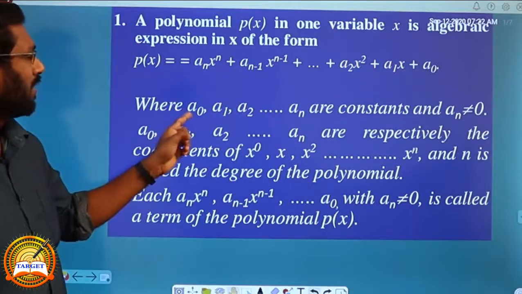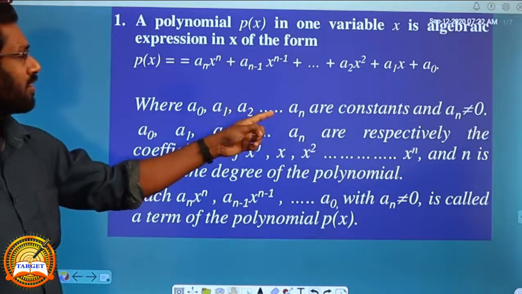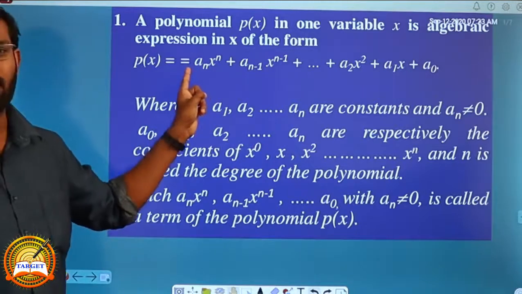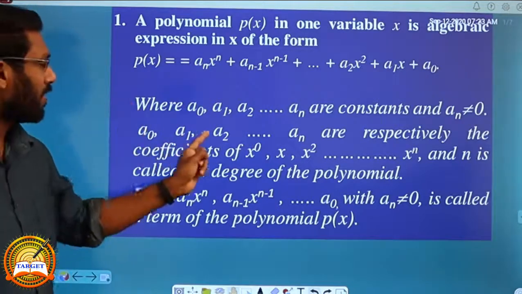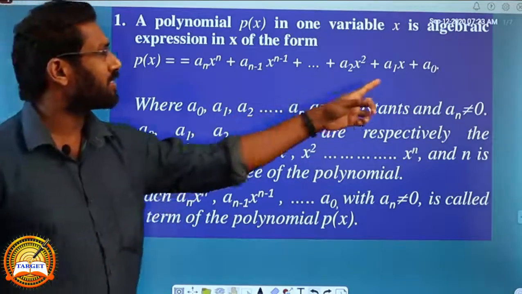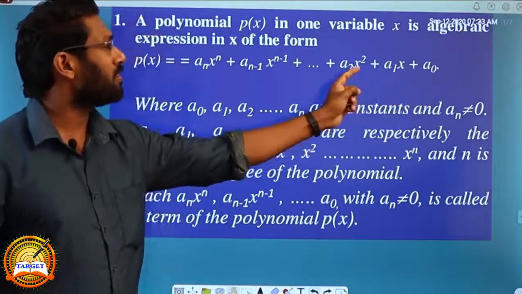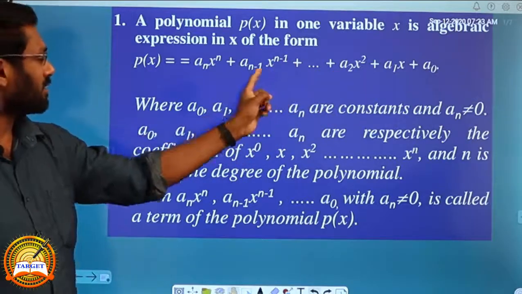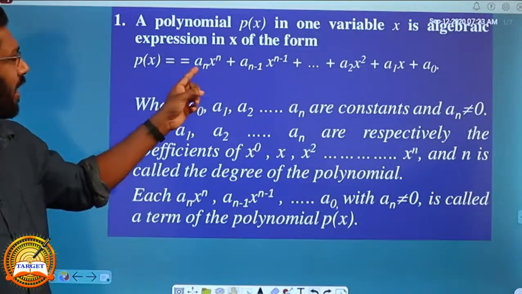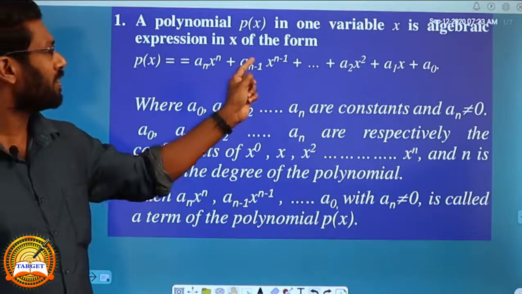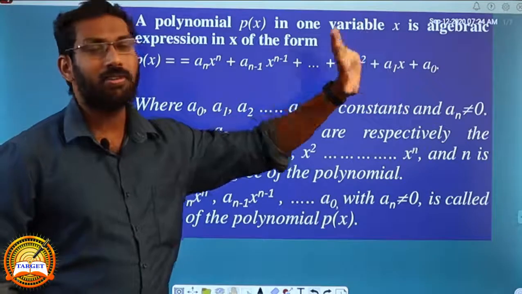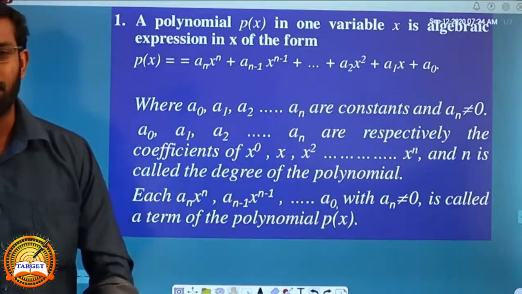Here a0, a1, a2, etc. an are constants and an not equal to 0. a0, a1, a2, etc. an are respectively the coefficient of x raised to 0, x raised to 1, x square, etc. up to x raised to n. Here each an x raised to n, an minus 1 x raised to n minus 1, a2x square, a1x, a0 are terms of these polynomials.